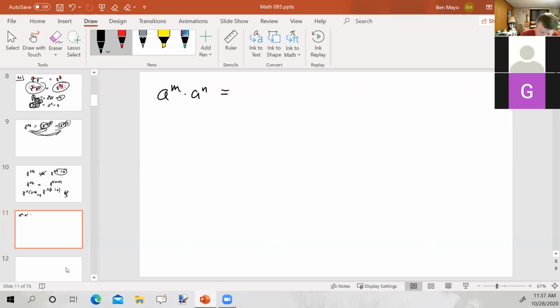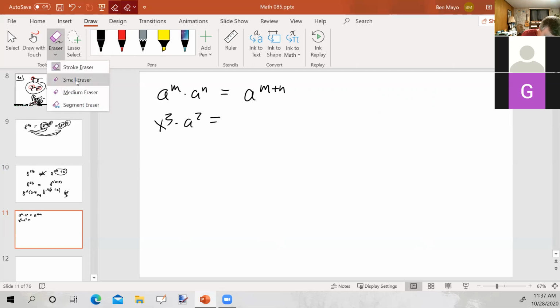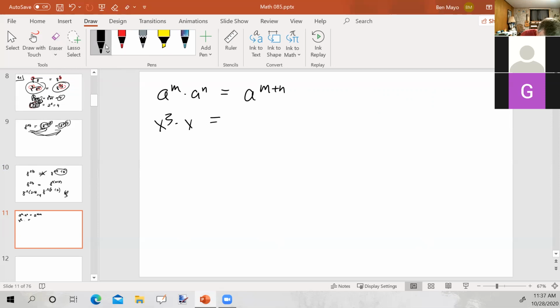If you're multiplying two powers with the same base, you add the exponents. Example, x cubed times x squared would be x to the 5th power.